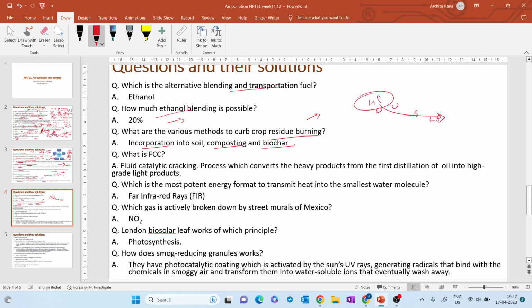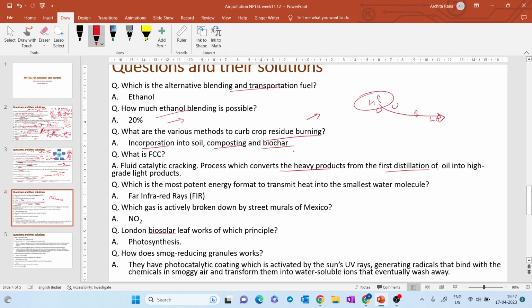Okay, now another thing is fluid catalytic cracking. I think it is generally used in industries, or the oil industry. The principle is that there is a lot of waste, or heavy product, generated after the distillation of oil.